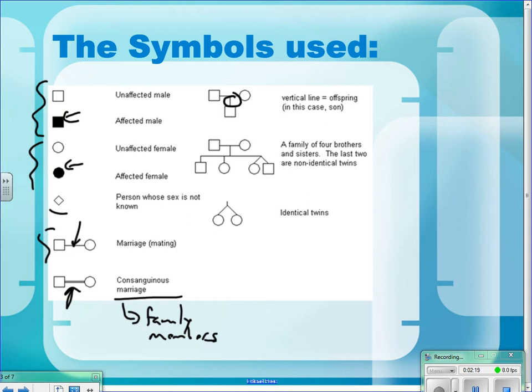In some cases, we will have twins. If the twin line comes directly off the offspring, they are non-identical. Identical twins have a separate little line that comes right off the twin line.